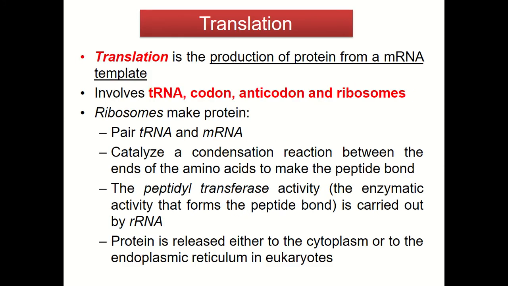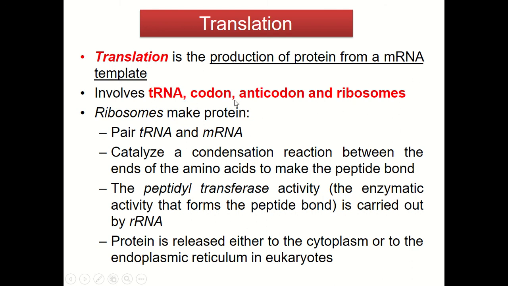Now we are going to look at the important part, which is the translation process. Translation is the production of protein, or protein synthesis, from the mRNA template. It involves tRNA that has the anticodon, and the codon in the mRNA, and they also need the ribosome.